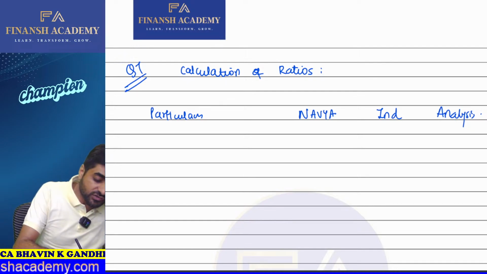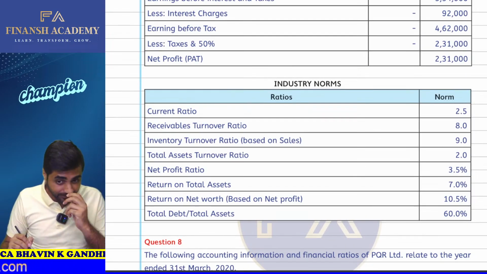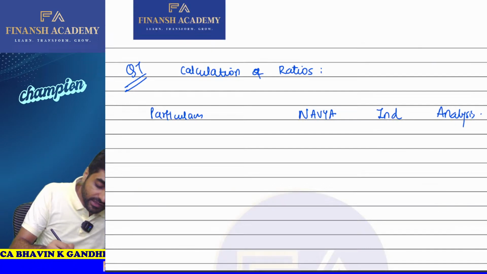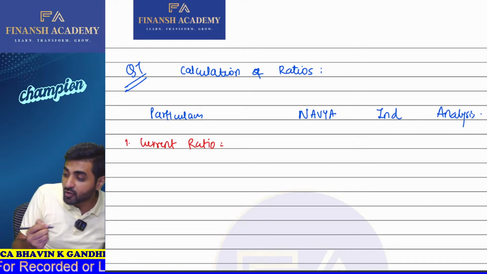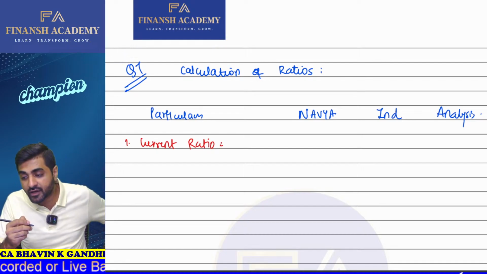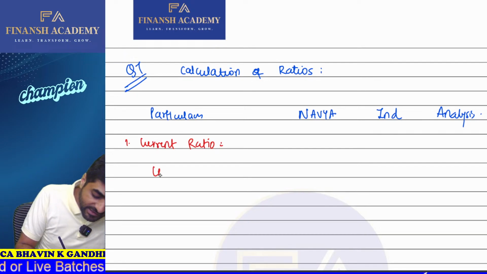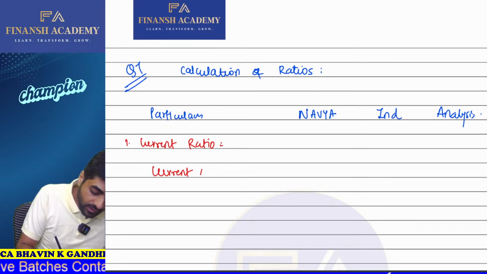So the first ratio which we actually have is your current ratio. What's the formula for current ratio? As you all know, current ratio is nothing but current assets divided by current liabilities.